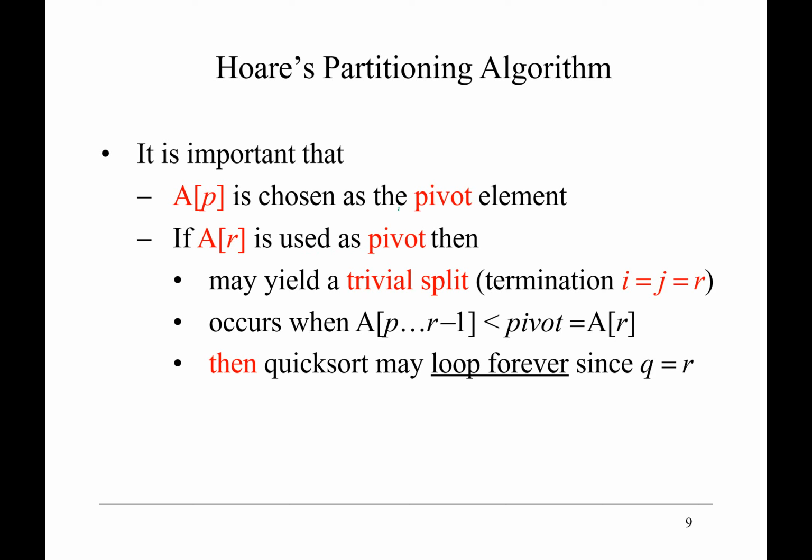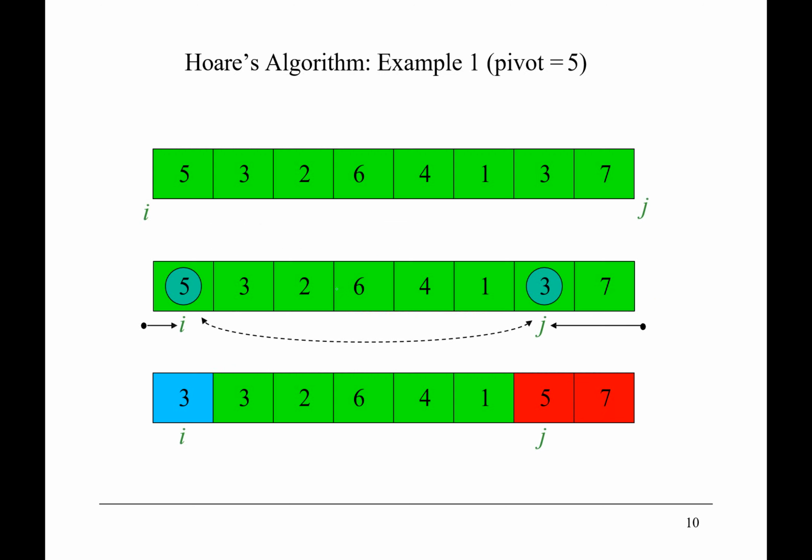If A[R] is selected as pivot, it may yield a trivial splitter, Q equal to J equal to R. This occurs when A[P..R-1] are all smaller than the pivot. Then quicksort may loop forever since Q equals R. It means in this solution, if we happen to choose the last element as the pivot, then we have to adjust the code because it will cause that loop.